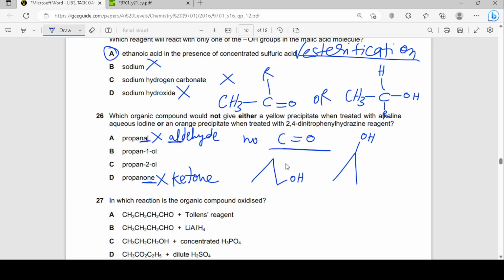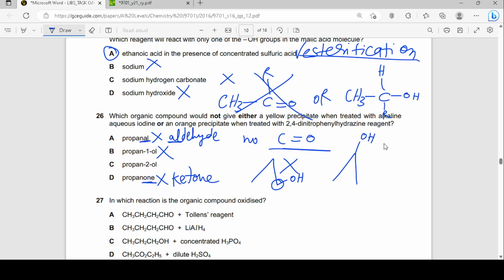Is propan-1-ol a secondary alcohol with an adjacent methyl group? No, it's not, because it has the OH group on the first carbon atom, so it doesn't have a CH3 branch. So we can cross out propan-1-ol for now.